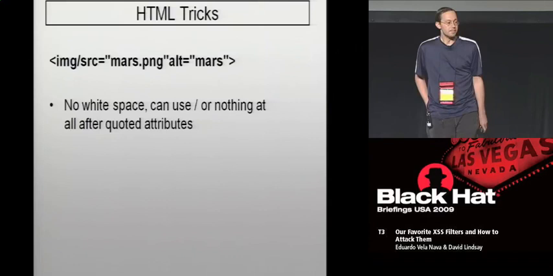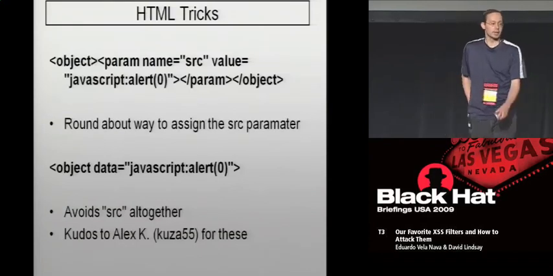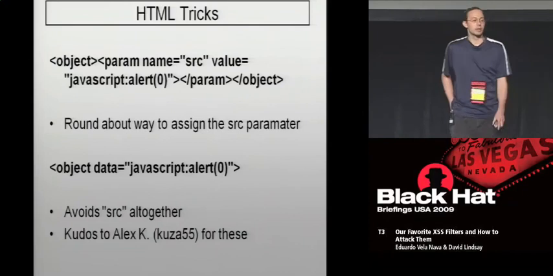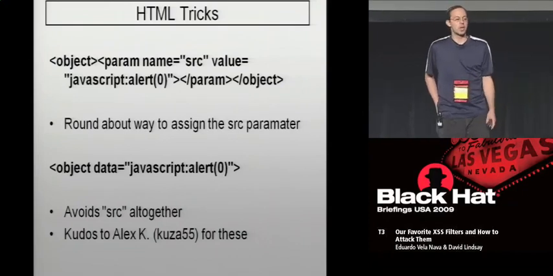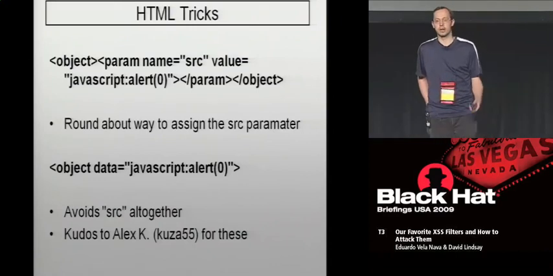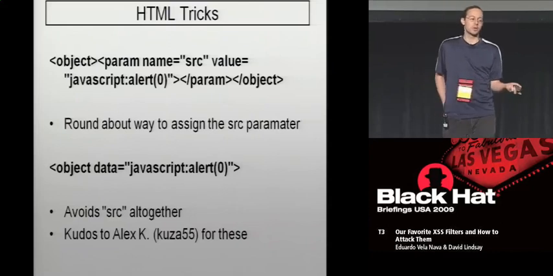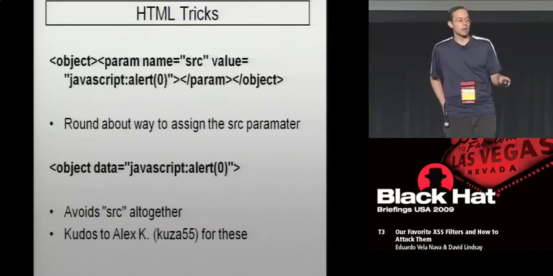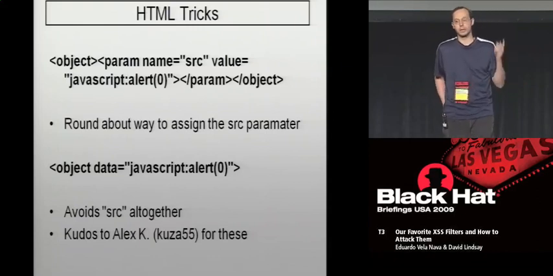Okay, so next, this is a cool one that Alex K. or Kuza pointed out to me a while ago. This is one way where you can get JavaScript to execute without using event handlers and without using your classical injections like iframes or using the source parameter. Well, it actually does use the source parameter, but in a novel way where it uses the object param tag like you can see on the slide.